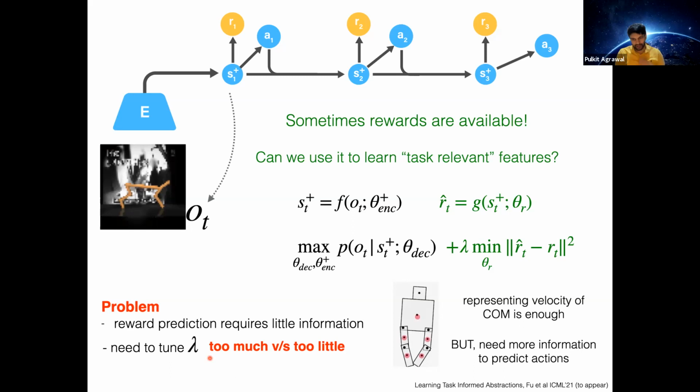You really have to tune this to get good performance. Now there are more recent works looking at how we could simplify this tuning or make some changes in the setup so that this trade-off is simpler to make.